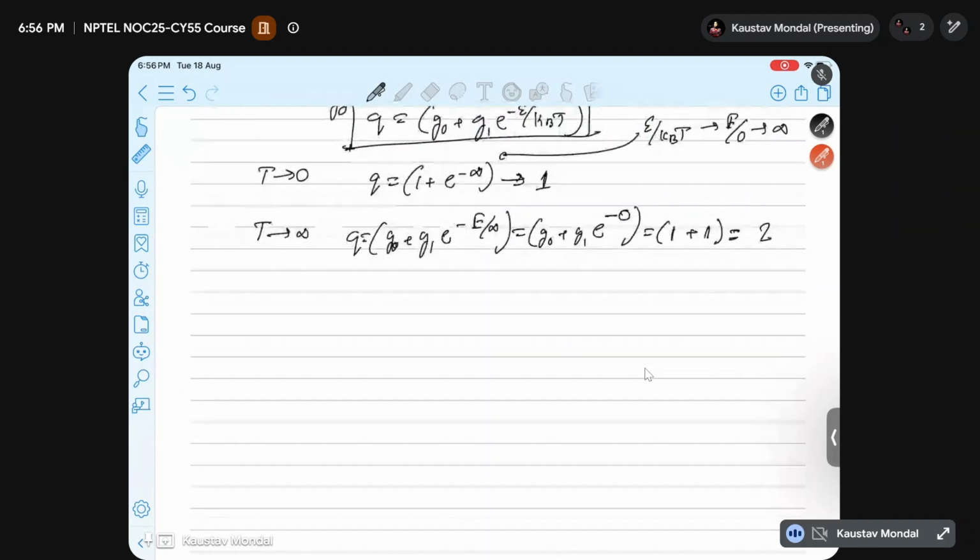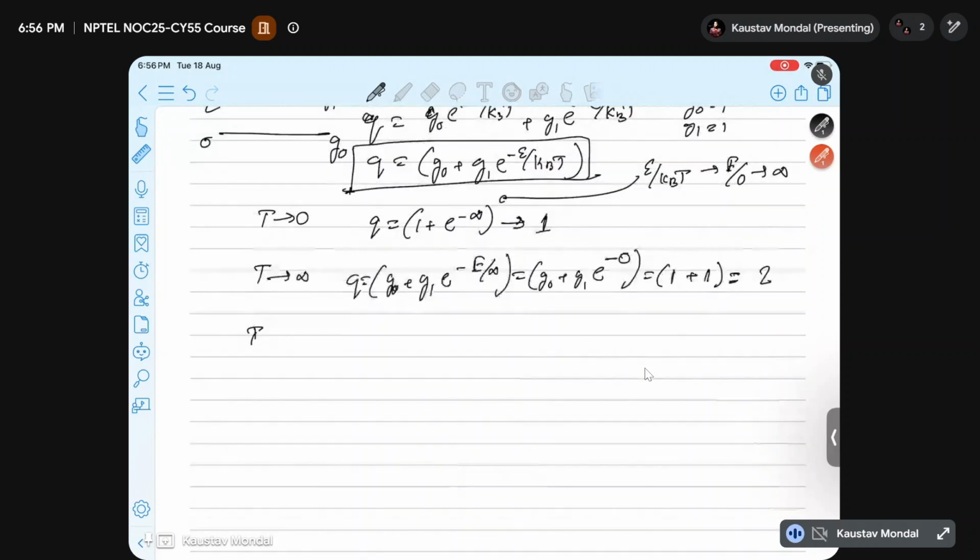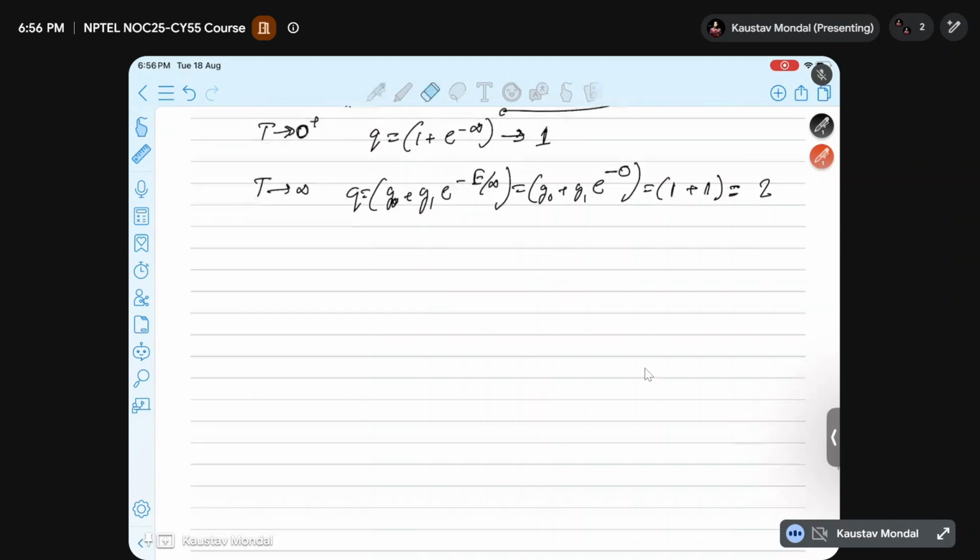This is what we consider when we increase the temperature, approaching zero temperature from the positive side. Now let's see what happens if T tends to zero from the negative side, that means approaching zero temperature from the negative direction.